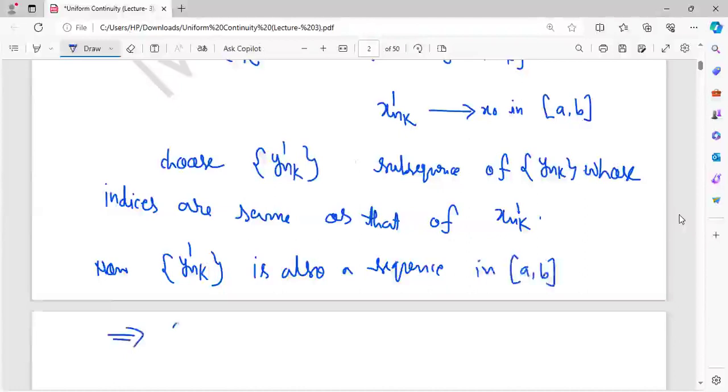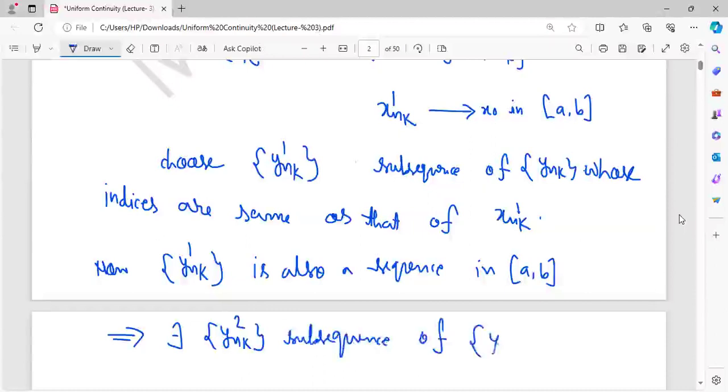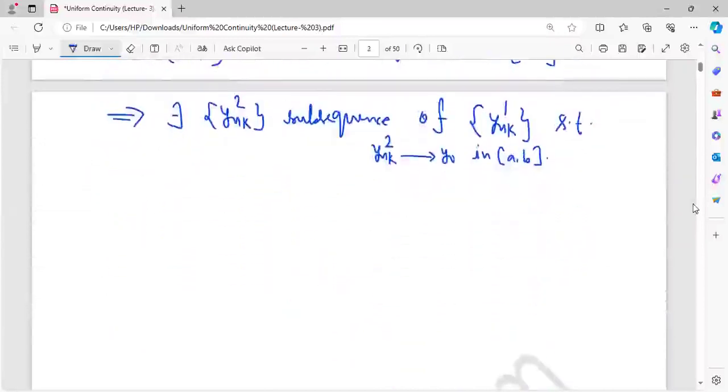This implies there exists ynk2, a subsequence of ynk1, such that ynk2 converges to y naught in [a, b]. Therefore we can take xnk2, which is a subsequence of xnk1.